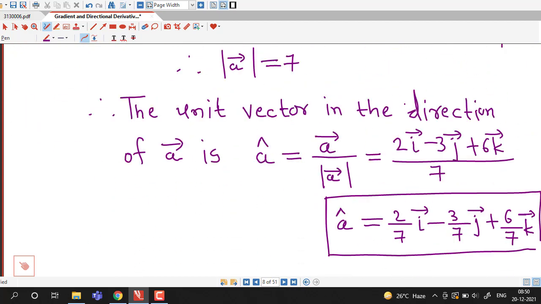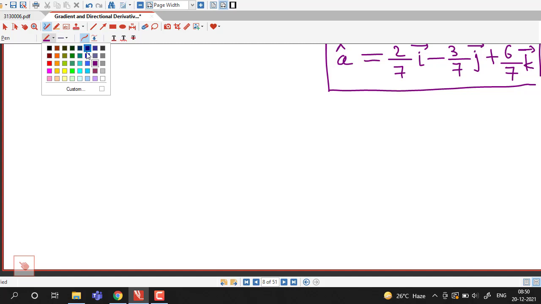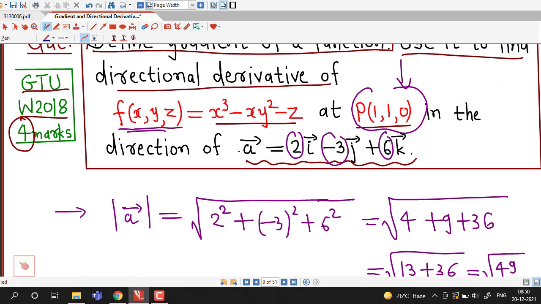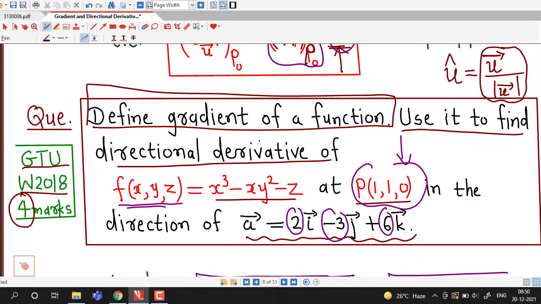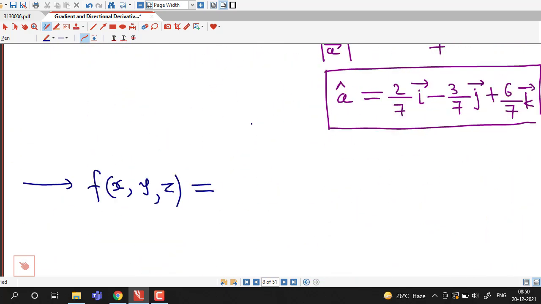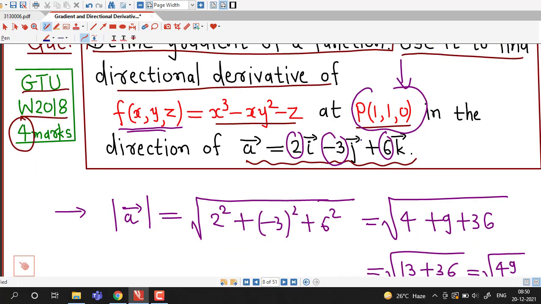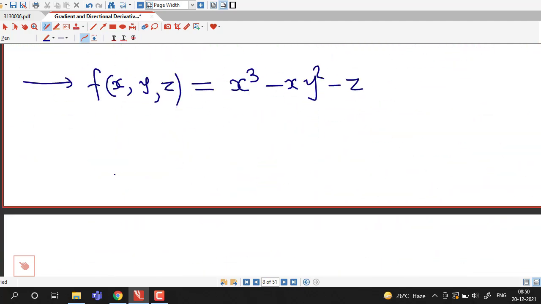So first we write down the given function, then find the partial derivatives, and using them we will write down the gradient. The function is f of x y z equal to x cube minus x y square minus z, and the point is 1, 1, 0.